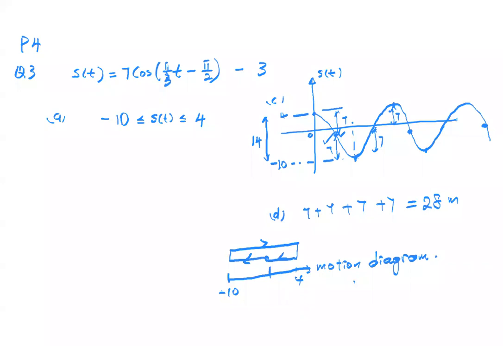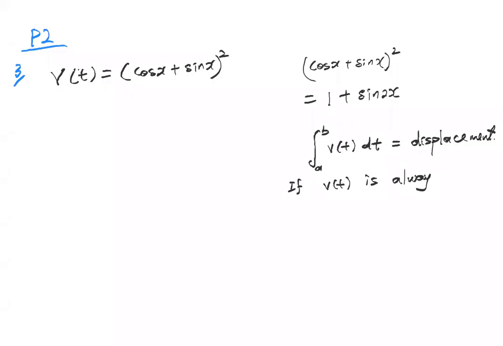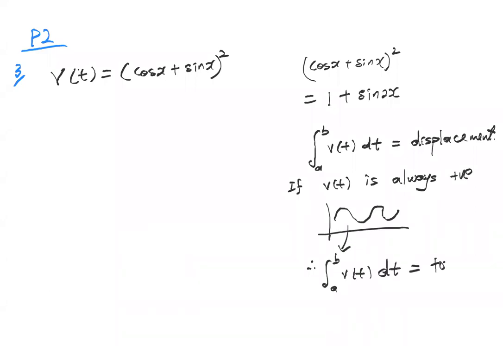Okay, hold on. It is always positive. That means my VT graph is always above the t-axis. So therefore, the integral of V(t) dt with limits also represents total distance traveled.